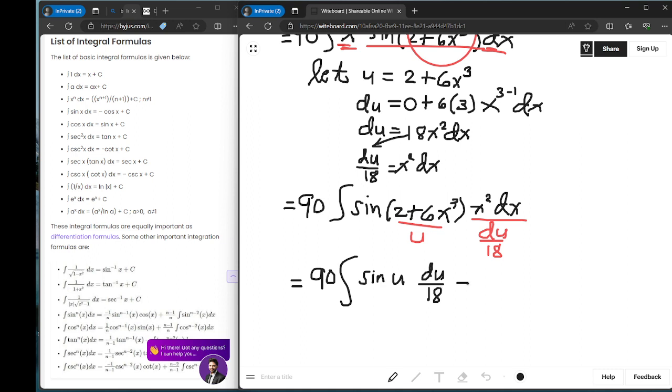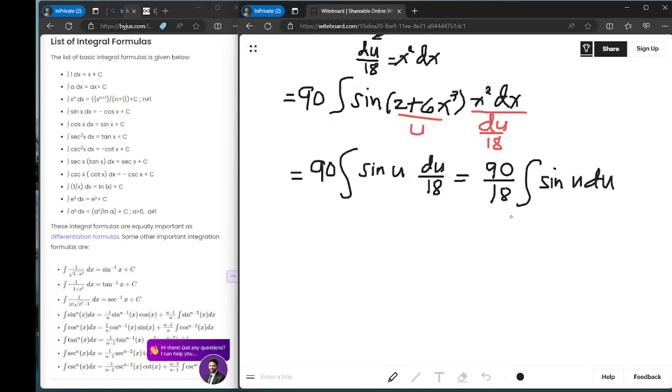Then we can move out 90. So that would be 90 over 18 times the integral of sine u du. We can simplify first 90 over 18. Both are divisible by 9. If we divide 90 by 9, the result is 10. If we divide 18 by 9, the result is 2.